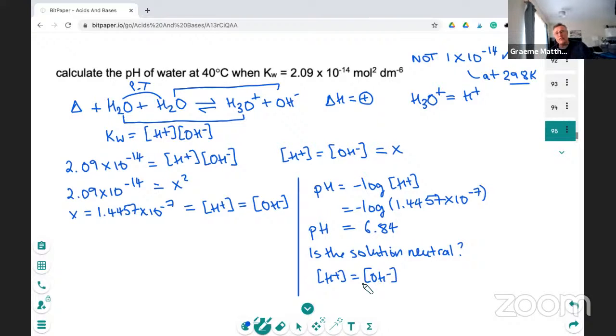It just so happens that because we always use a temperature of 298 kelvins, 1 times 10 to the minus 14, the value for Kw, then the pH comes out to be 7. But you're going to have a pH lower than 7 if you increase the temperature, but the solution is still neutral because the hydrogen ion concentration is equal to the hydroxide ion concentration. So it is still considered to be neutral.